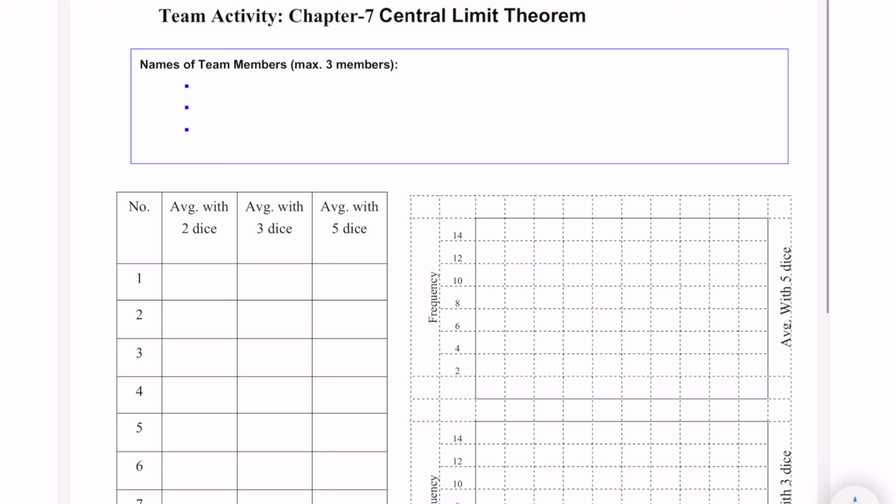Let me first install it. After installing any package, that's a one-time activity, after installing it, don't forget to run the library line. Many people miss that. So library TeachingDemos and run the line.